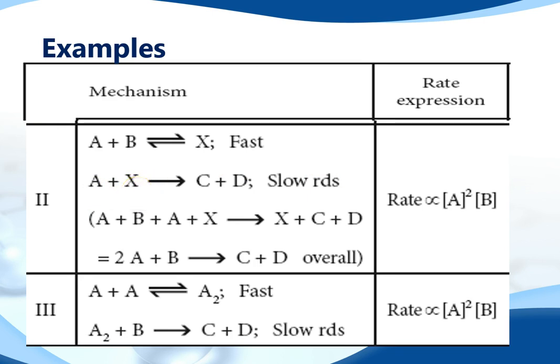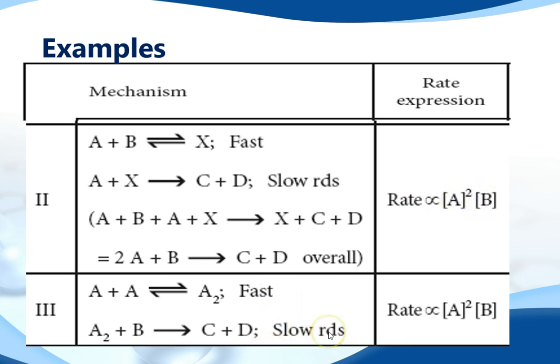If you add them together, you'll notice X is an intermediate. But because the previous step is reversible, X to the first must be equal to A to the first, B to the first. So when you combine that all together, A to the first, B to the first, multiplied by another A to the first, you get A to the second and B to the first. Here they're saying rate is directly proportional to, but we can say equals k times A to the second, B to the first. Same idea down here.